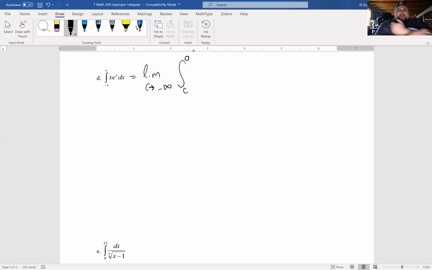The reason for that is this function x e to the x doesn't misbehave at 0, right? It has no problem if you let x equal 0. And that's always the easiest one to plug in. And then we would need another one for infinity, and we would go from 0 to infinity.